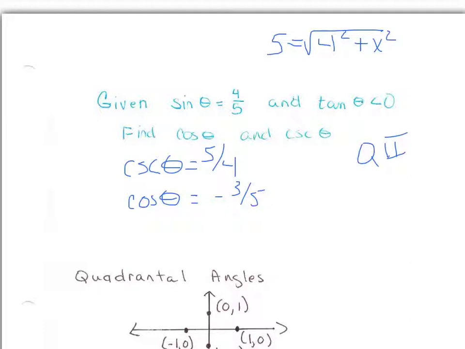Okay, any other questions on this one? So you knew it was a special triangle because the 3, 4, 5 right triangle shows up a whole lot. But we know that r is 5 because we're given the sine.